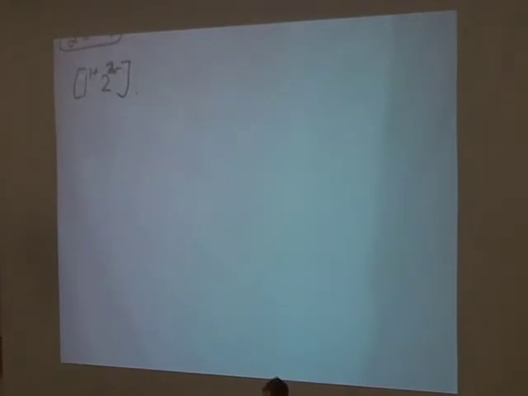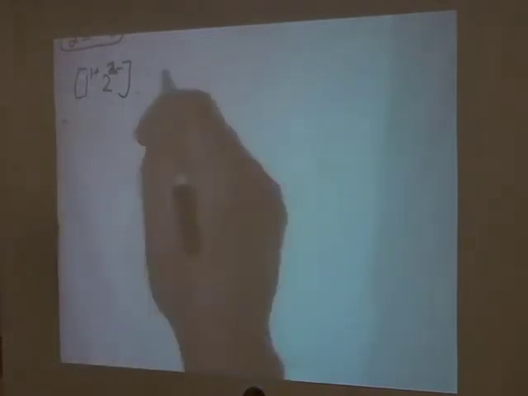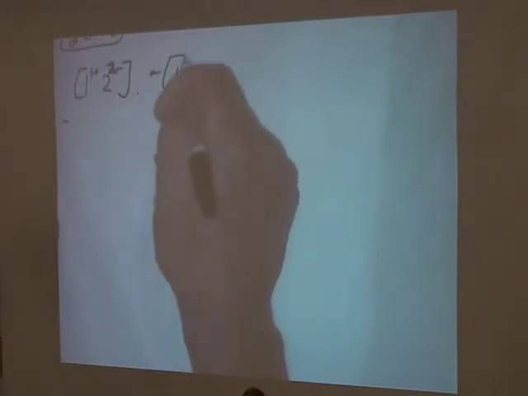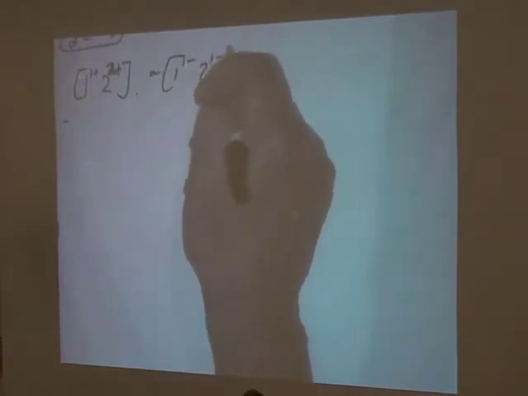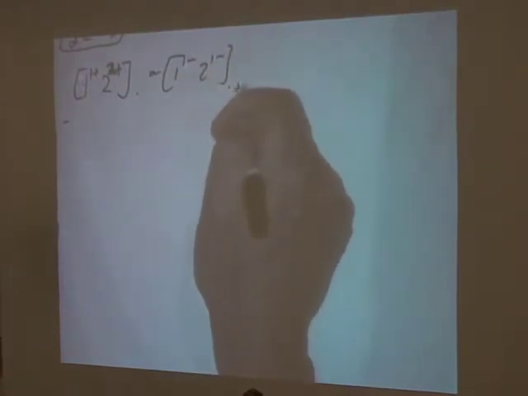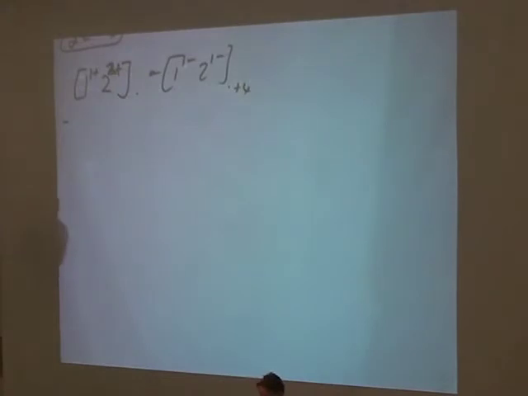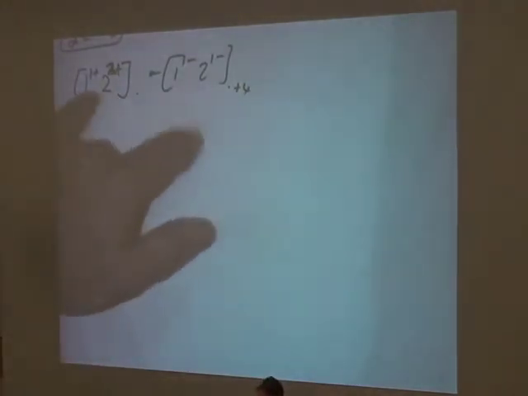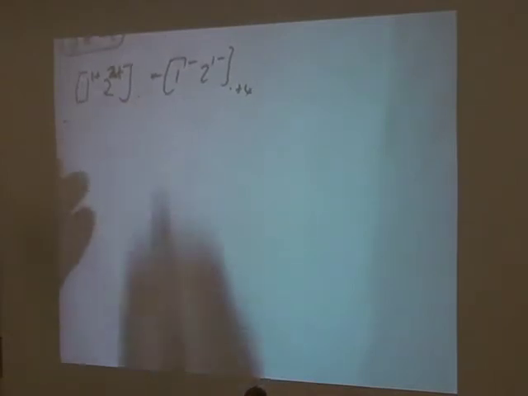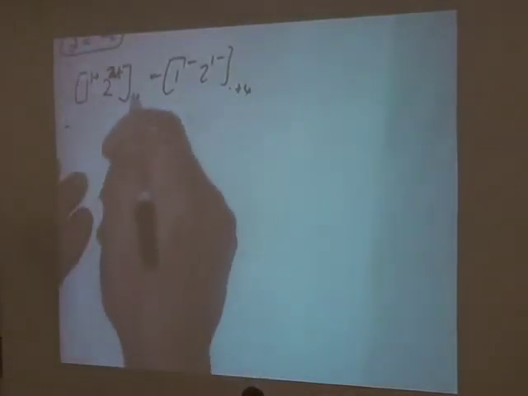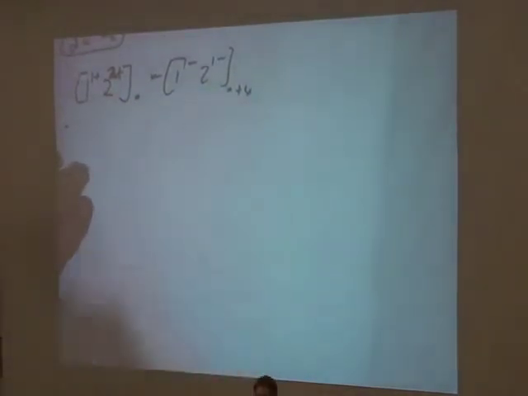And now, this is equal to 1 to the 1 plus, 1 to the 1 minus, 2 to the 1 minus sub this thing plus 4. Okay, so we might as well suppose we're with the signs of plus. And then when I put this dot here, I mean to imply that you don't need to say it because it's workable out.